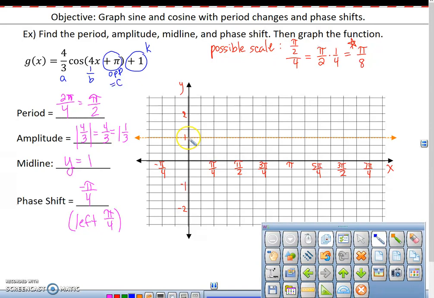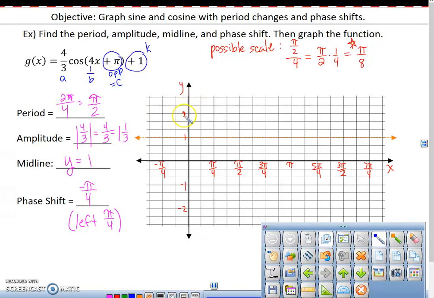Well, it is going to have to be affected by our translation up, our shift left, pi fourths radians, and this new amplitude of 1 1/3. So let's do the amplitude first. There's no x-axis reflection, so we know it's going to be 1 1/3 units above the midline. That would put it here. That handles both the amplitude and midline change transformations.